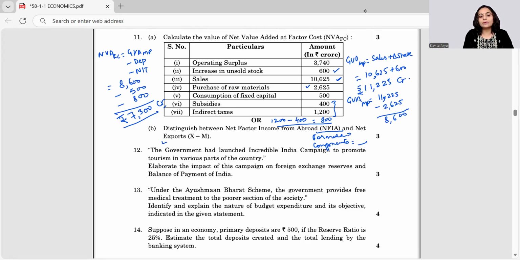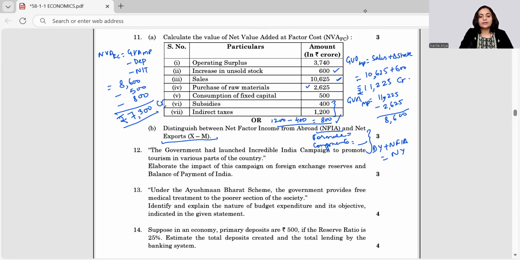It's a valuable concept used in product method and expenditure method. Here for this NFIA, you can also add that this is used for the difference of domestic and national. And you can give the equation that domestic income when added to NFIA gets you the national income. So this way you have given enough material to be marked.